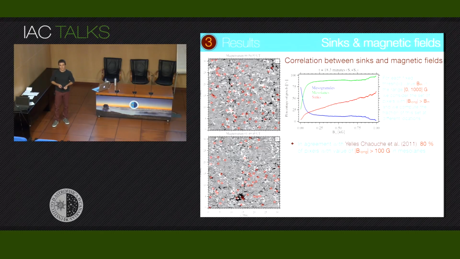Sorry, I was confused. 1000 Gauss here is in kilogauss, so here 1 kilogauss. Roughly 70% are at sinks, and more than 90% are at mesolanes.